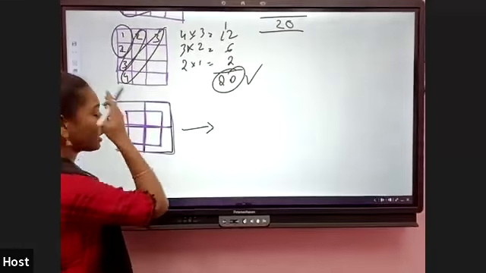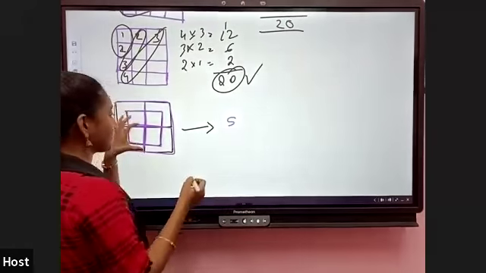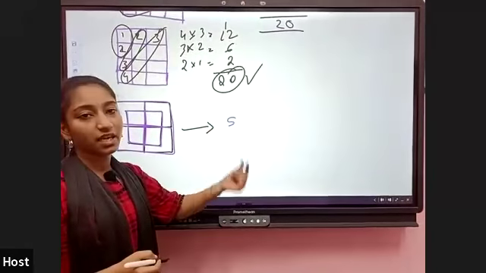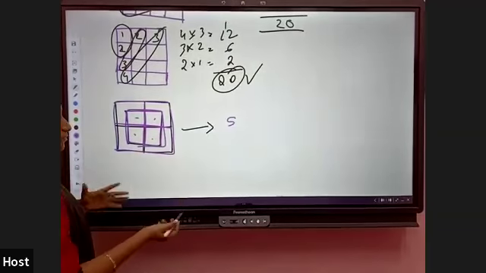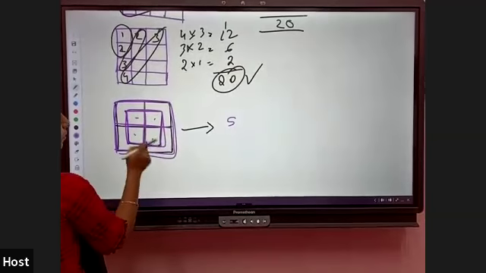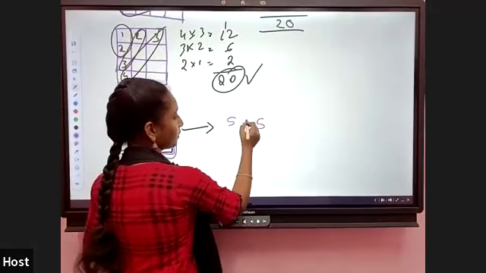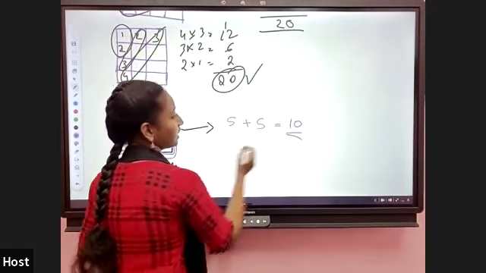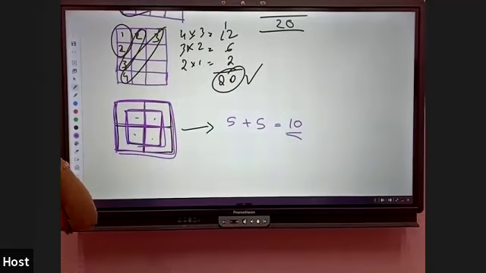For the small figure there are 5 squares: 1, 2, 3, 4, big square is 5. In the other square also, 1, 2, 3, 4, big square is 5. 5 plus 5 equals 10. So there are 10 squares in the given figure.